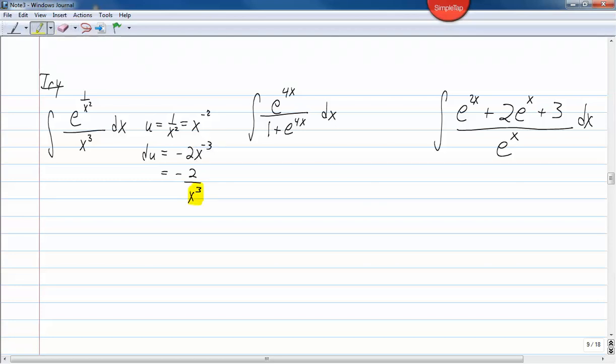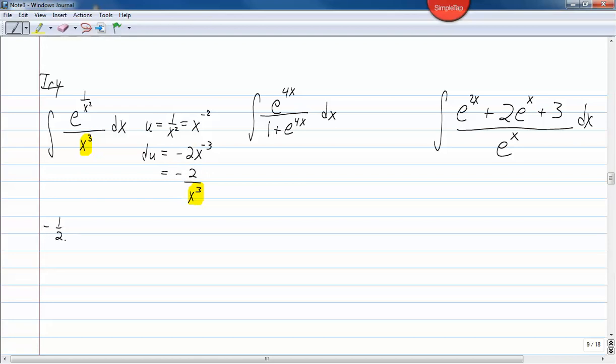You see this x cubed is right here. It's in the denominator just like it is in the du. That actually has to be there for me to be able to integrate this. So the only thing I have to do is adjust to this negative 2. So I need to bring out a negative 1/2.